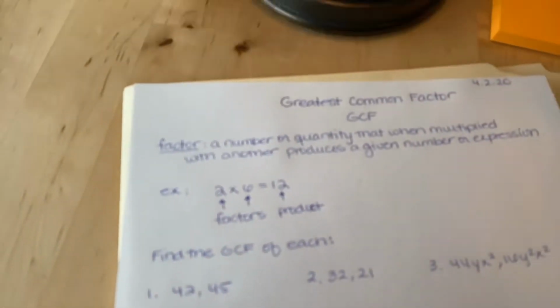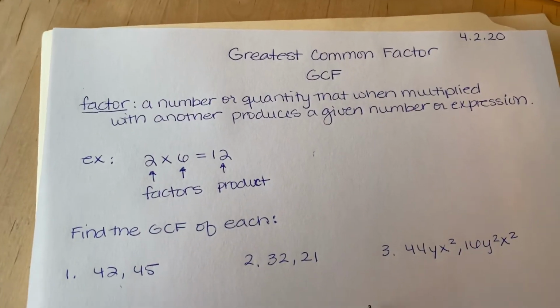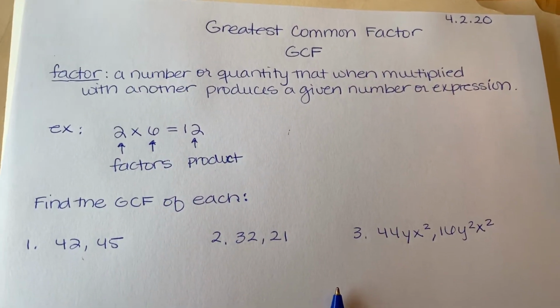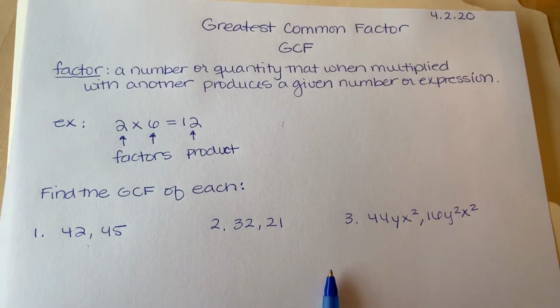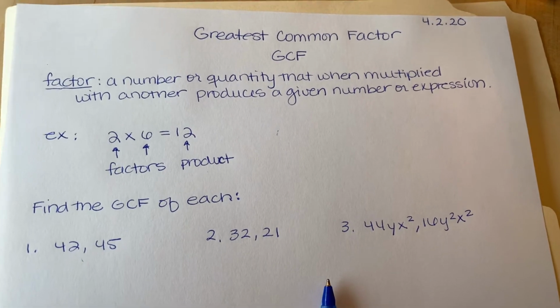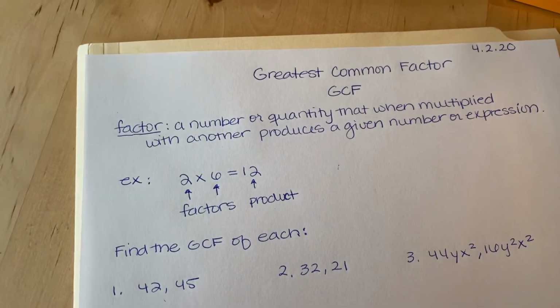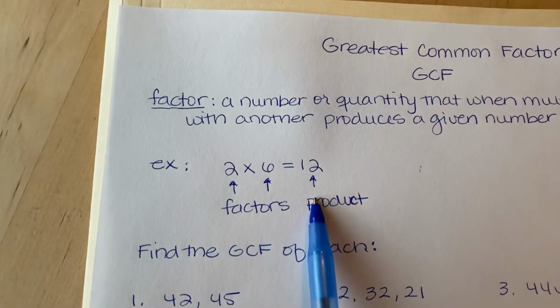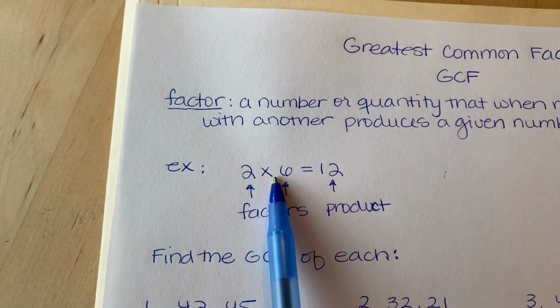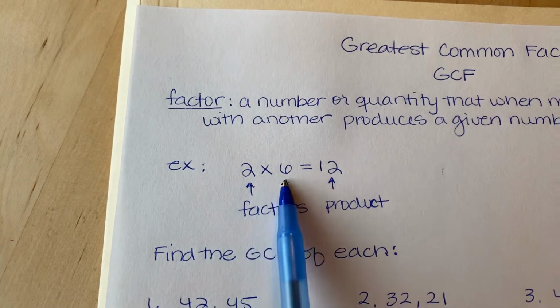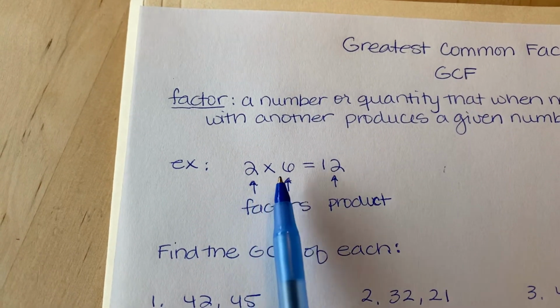All right, so here we go. Greatest common factor. A factor is a number or quantity that when multiplied with another produces a given number or expression. For instance, the product 12: the factors are 2 and 6, even though we know there's 3 and 4, 1 and 12, -3 and -4.